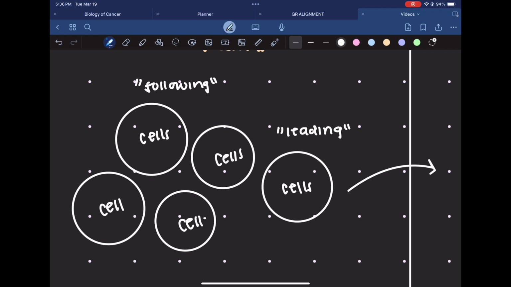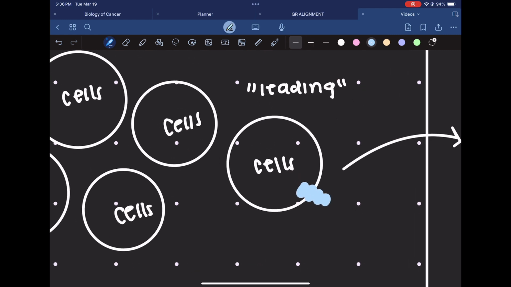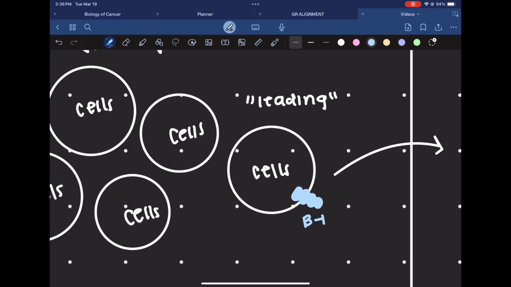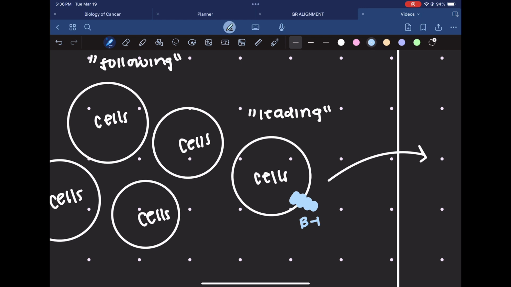Right? So in particular, our leading edge of our tumor is going to develop a particular integrin, which is called beta 1. And this is going to be present and binding to kind of the matrix components.